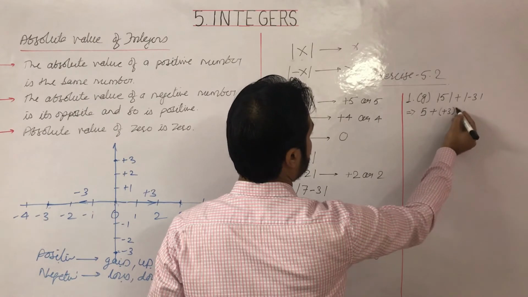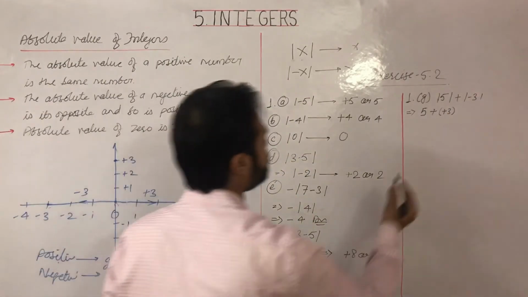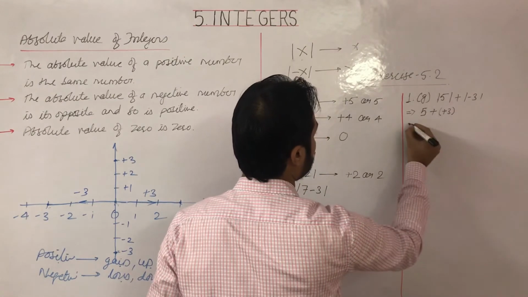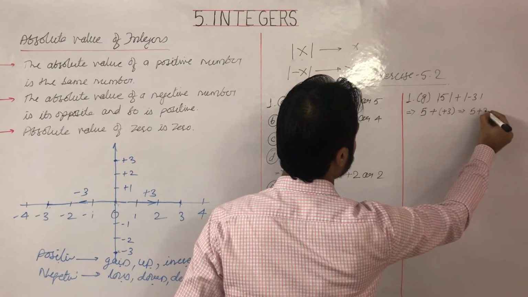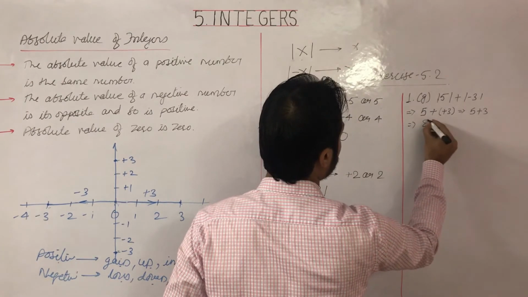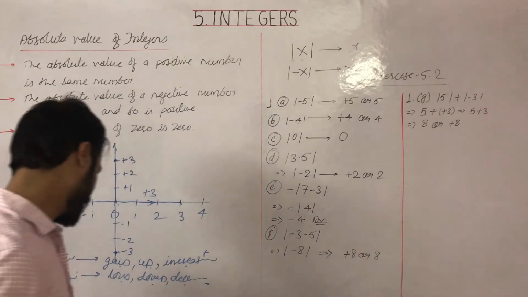Again, don't add a new bracket; only for representation I am showing this bracket. And after this, 5 plus 3, so the answer is 8 or plus 8, both are the same.